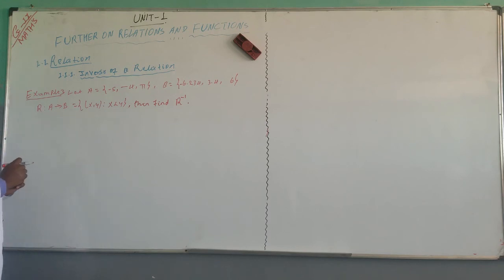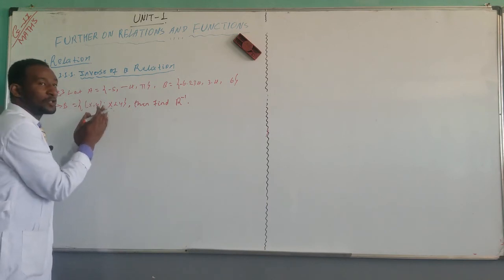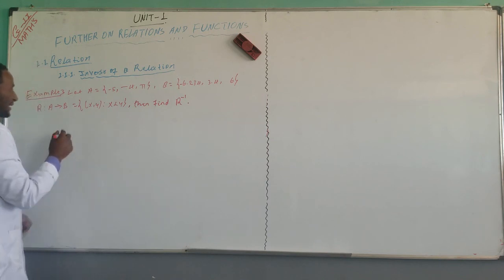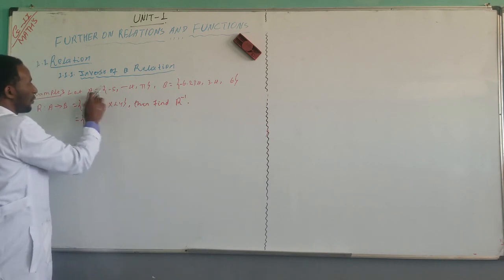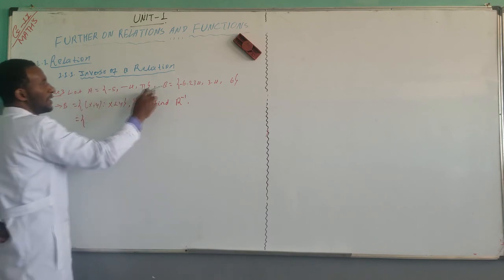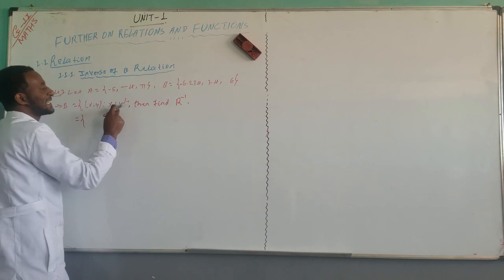Then when we try to list the ordered pairs in relation R, the first entry is from A, the second entry is from B, but the first entry must be less than the second entry.